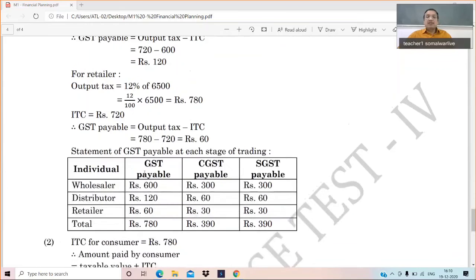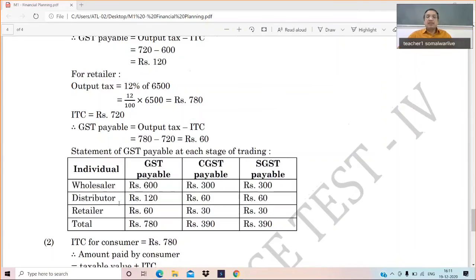So individual GST payable, CGST payable, SGST payable, you can calculate table wise. So it becomes very clear if you mention your answer in this manner. For wholesaler, GST payable rupees 600 because no information about its input tax. So half of this will be CGST and half will be SGST.